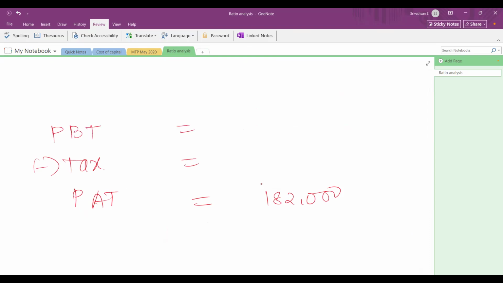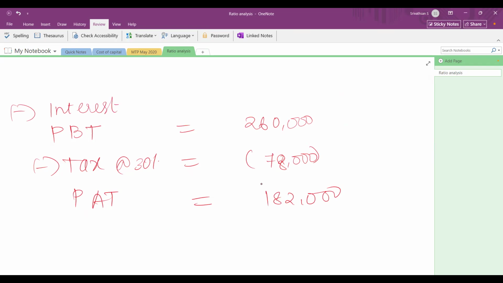Tax at 30%, what will be the amount? 78,000. Sorry, 78,000. Clear? Did you all understand how we got these numbers? Everyone understood, right?